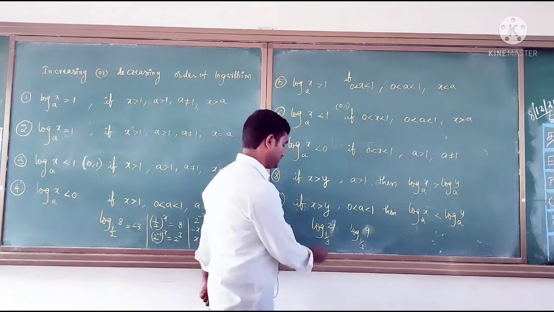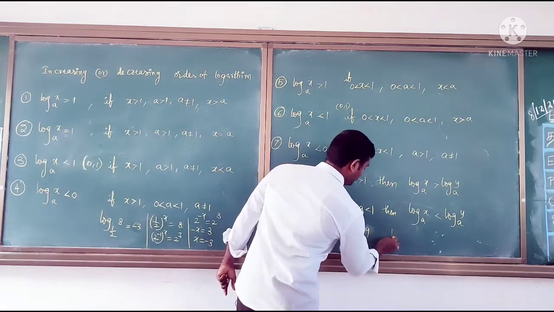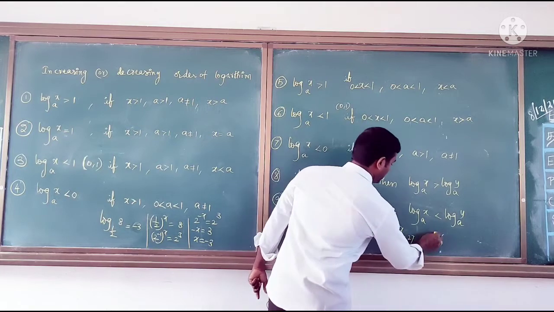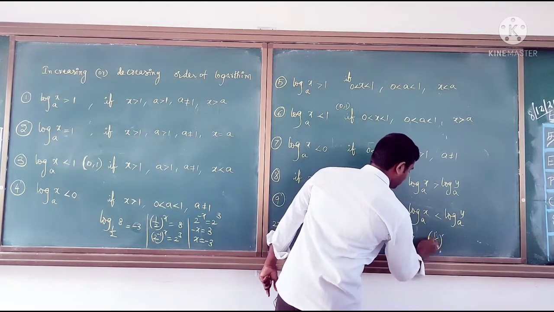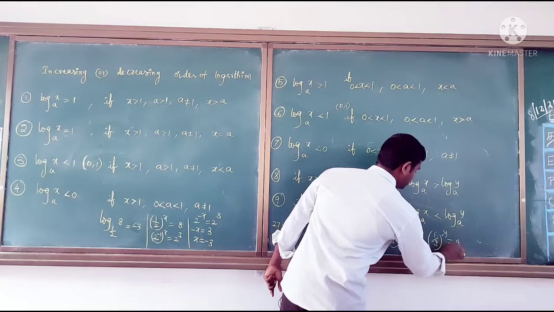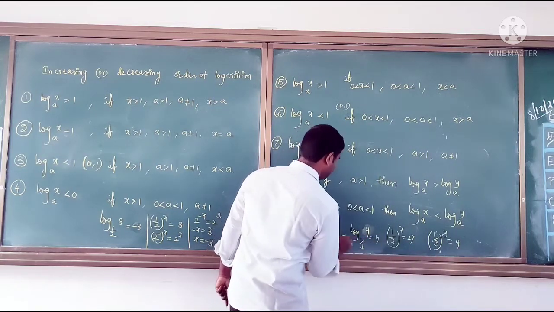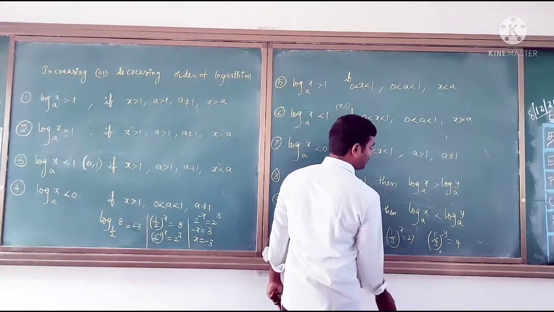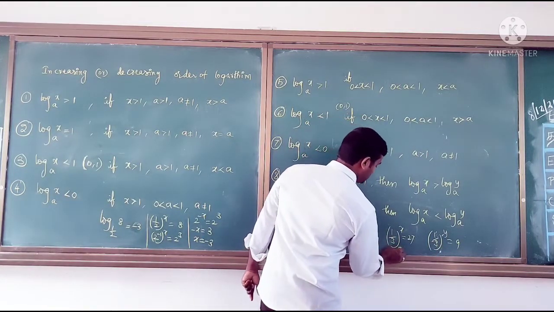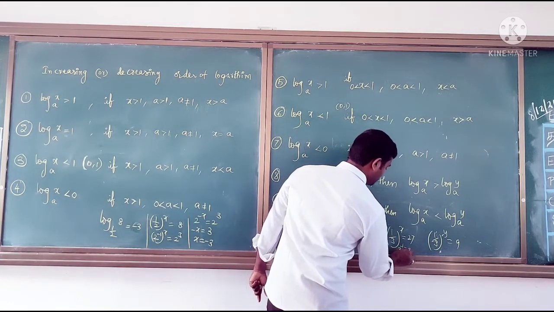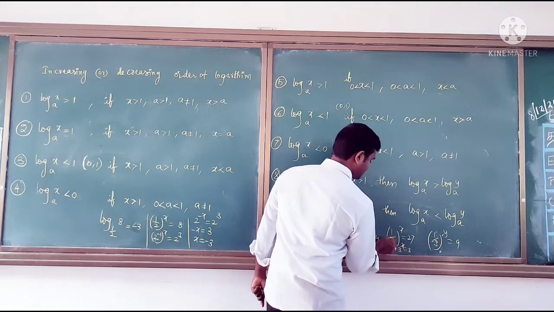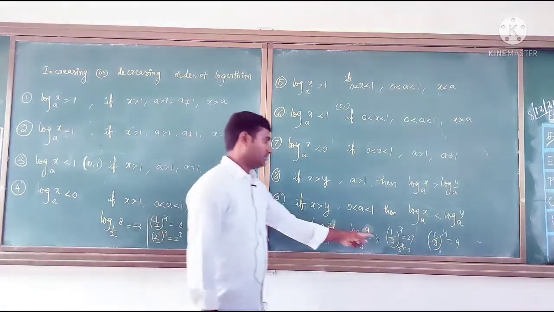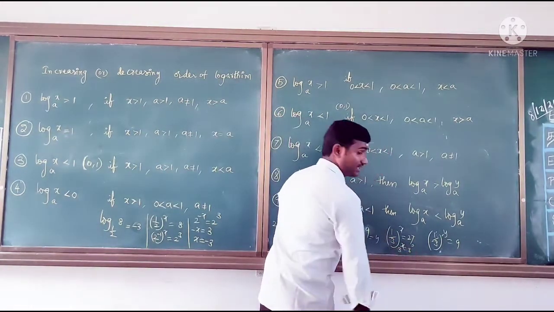We can write 1 by 3 whole power x is equal to 27 and 1 by 3 whole power y is equal to 9. So 1 by 3 whole power x is equal to 3 power minus x is equal to 3 power 3.